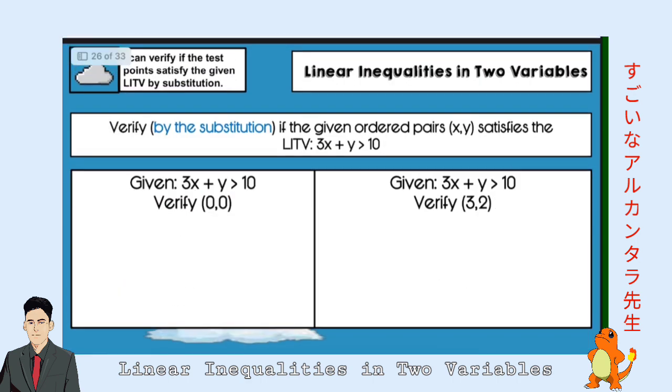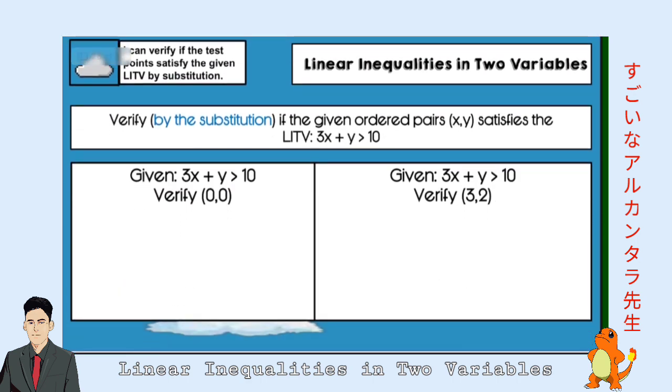Let's have another one. Let's have 3x plus y greater than 10. Let's just substitute that. So you'll have 3 times 0 plus y, which is also 0, greater than 10. As you can notice here, everything will be 0 anyway. 0 plus 0 greater than 10. This will be 0 greater than 10. And that's not true. So that is false.